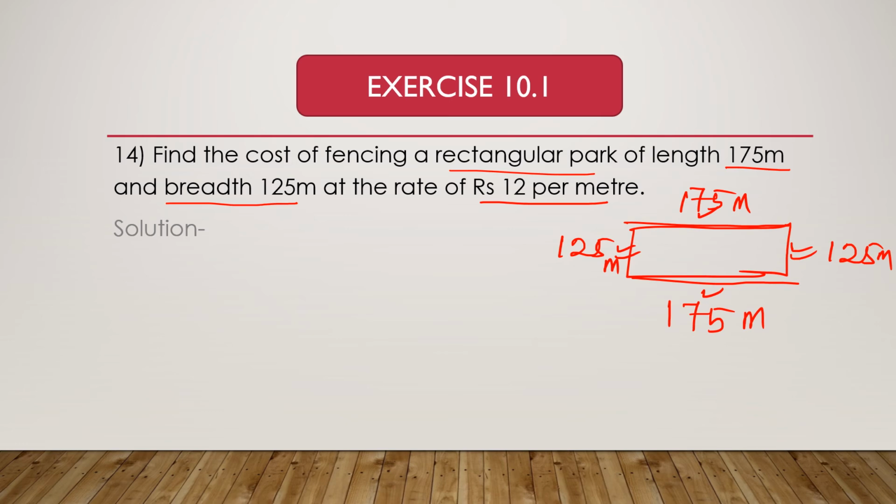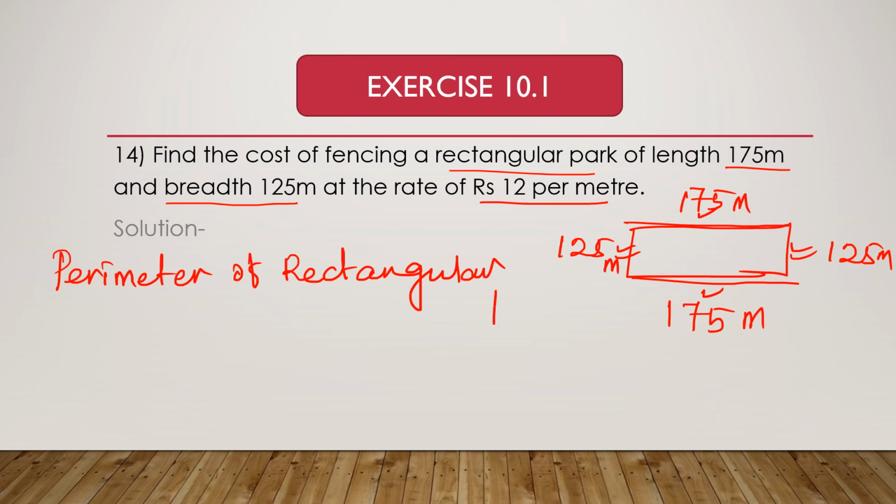First we have to find the perimeter of this rectangular park. Perimeter of the rectangular park will be 2 multiplied with length plus breadth.